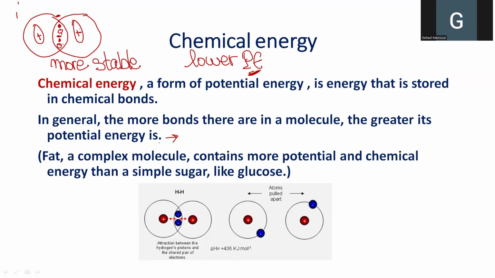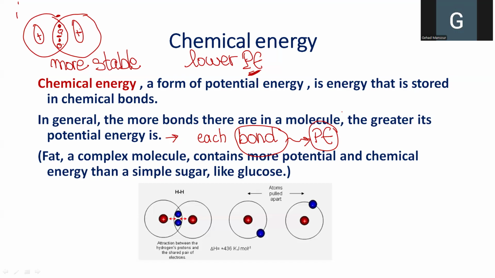This is because each bond stores a certain amount of potential energy, so the more bonds you have, the more potential energy you store. But this does not contradict what we said before, that the total potential energy stored in the oxygen molecule is less than the sum of the potential energies of the individual atoms, because the atoms were unstable.